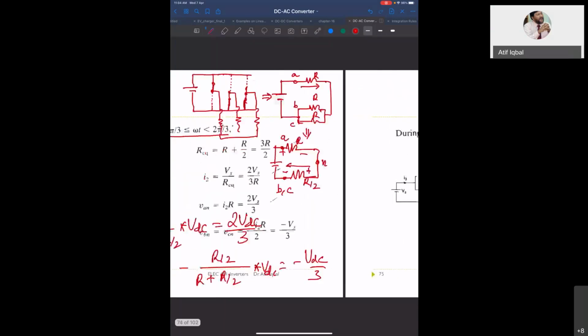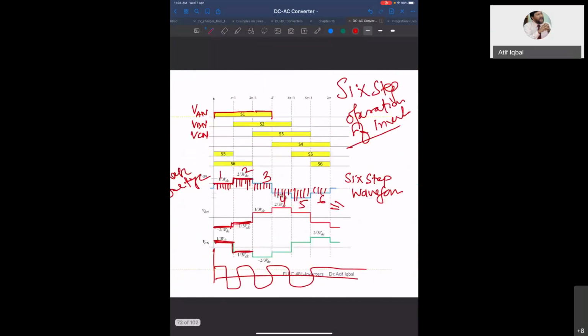The phase voltages that you will plot will be like this. So this is your VAN: 1/3 of VDC, then 2/3 of VDC, then 1/3 of VDC, then minus 1/3 of VDC, then minus 2/3 of VDC, then minus 1/3 of VDC, and then this is one cycle.